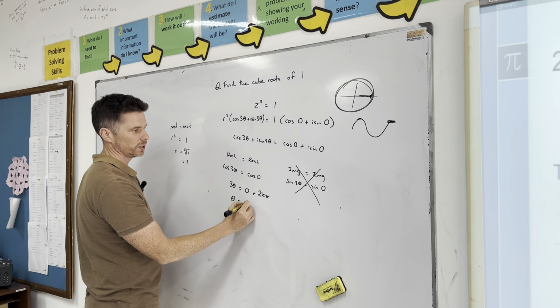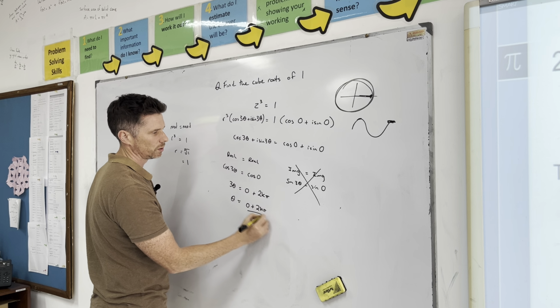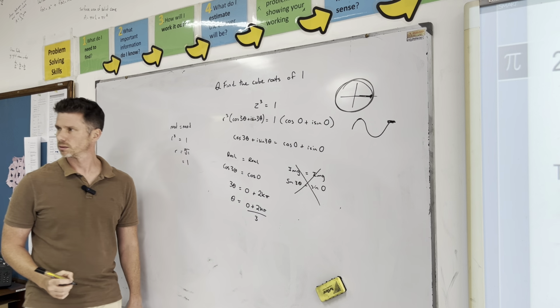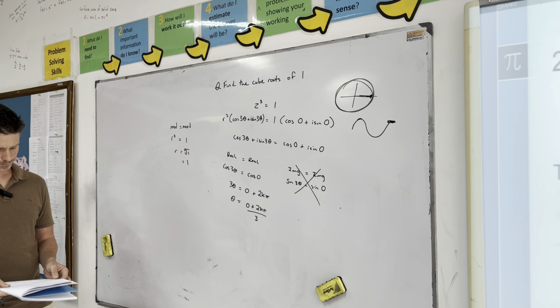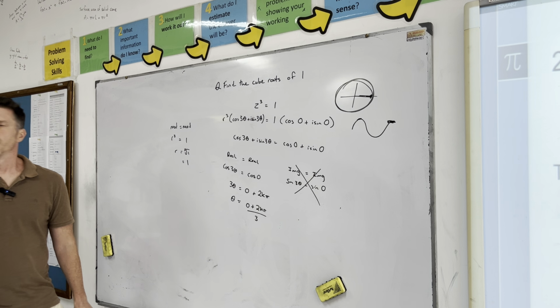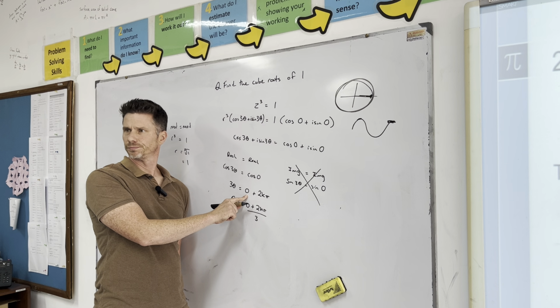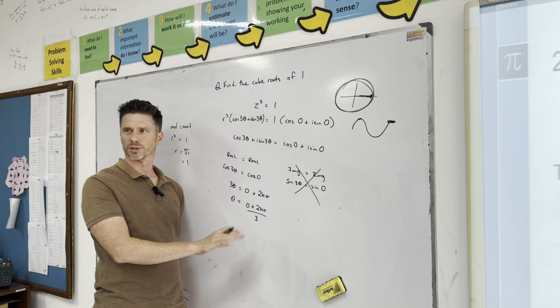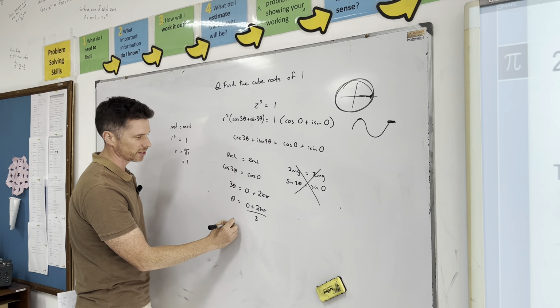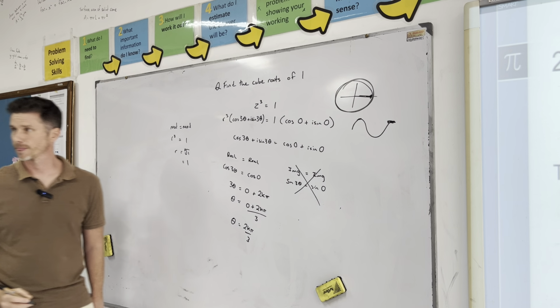But we want theta, so it'll be 0 plus 2k pi, all over 3. You could definitely simplify that straight down in this case, since the 0 wouldn't really matter.